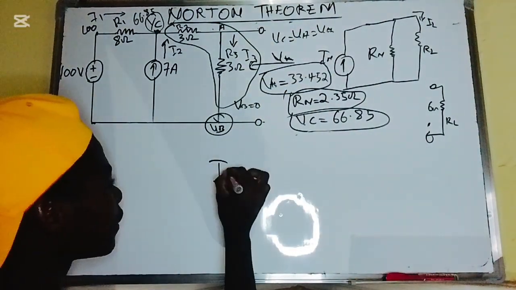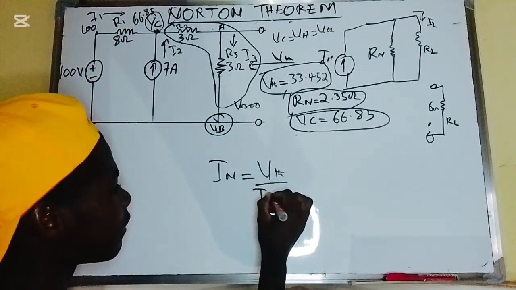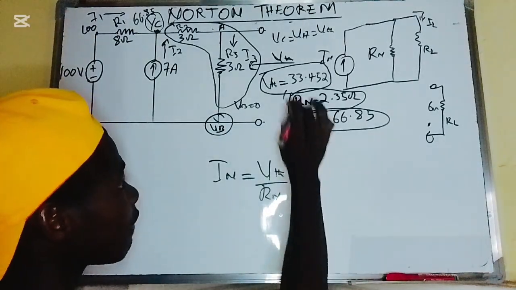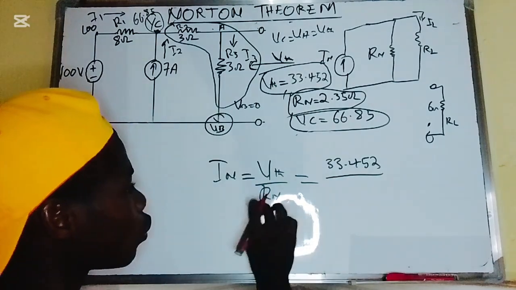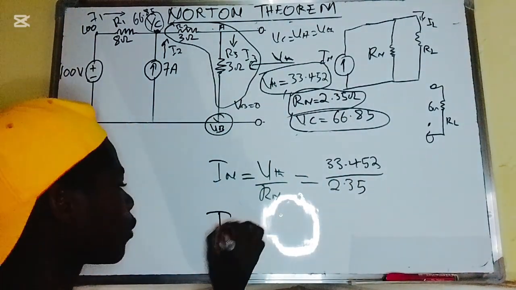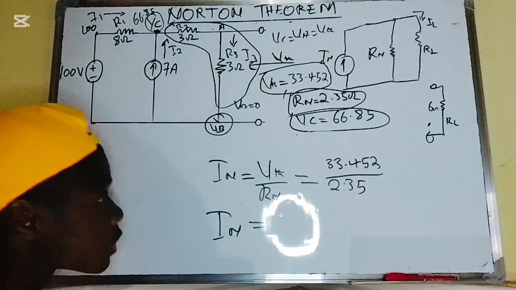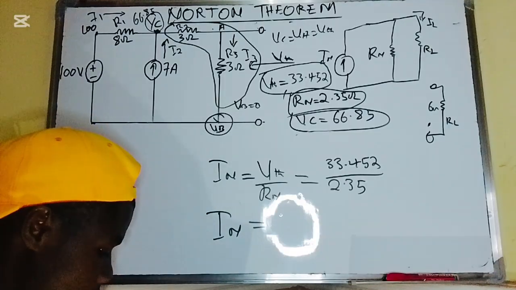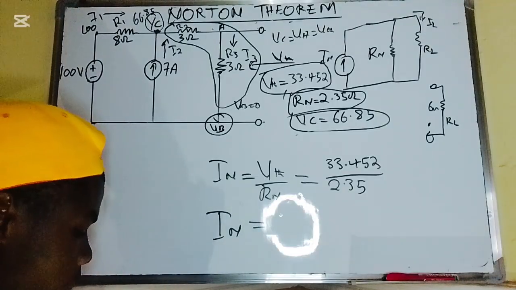So the Norton's current should now be equal to the Thevenin voltage divided by Rn, the Norton's resistance, which is 2.35. So the Norton's current should be 33.425 divided by 2.35.